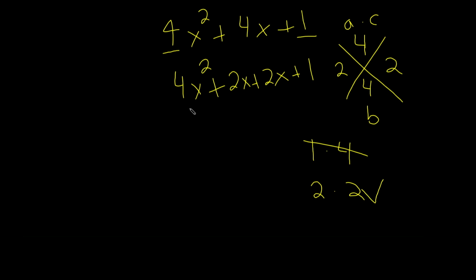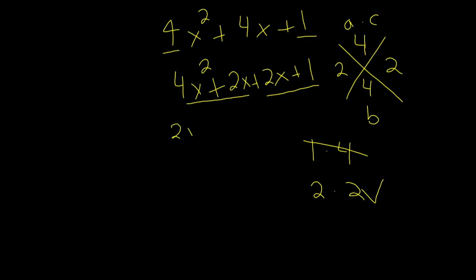Now we're going to separate these two. We're going to separate 4x squared plus 2x, and we're going to separate 2x plus 1. And now we're going to factor these individually. What's the most that these two can factor? What's the GCF of this? It would be 2x, because 2x can go into 4x squared, and 2x is also a factor of 2x and is the greatest factor of 2x.